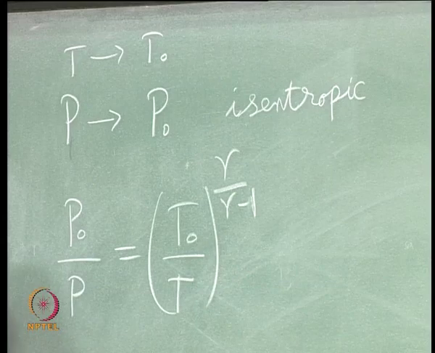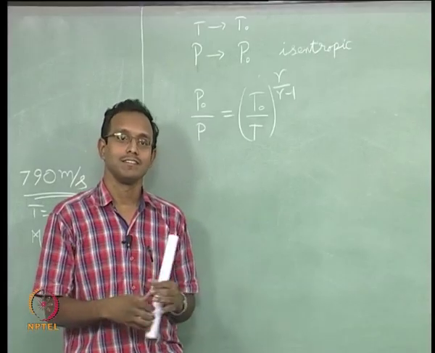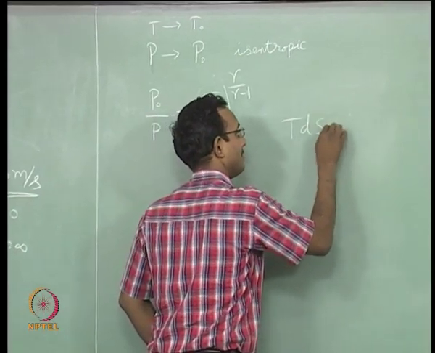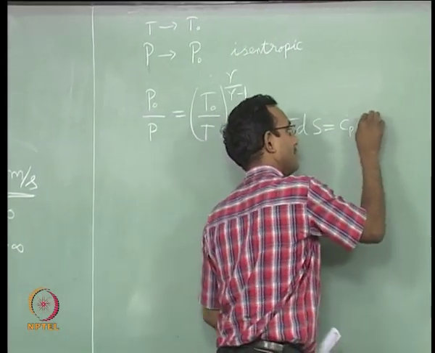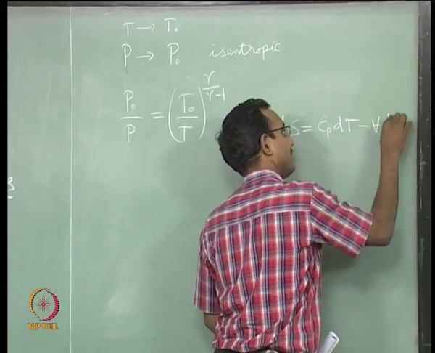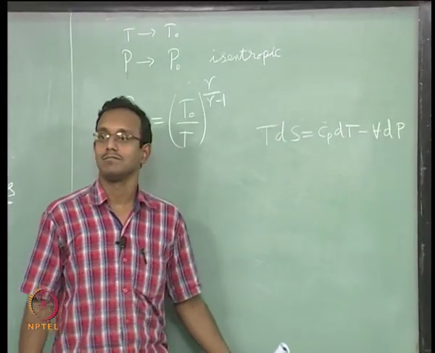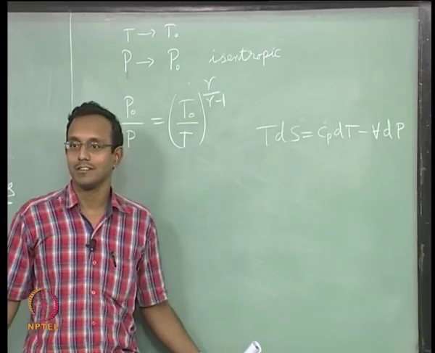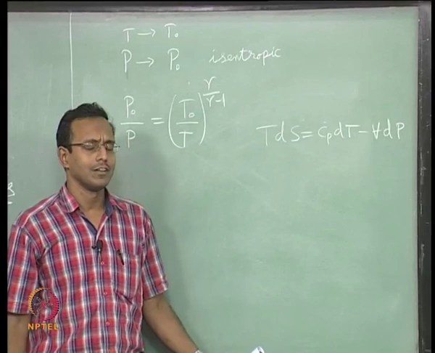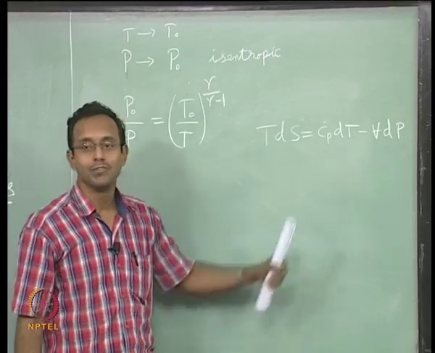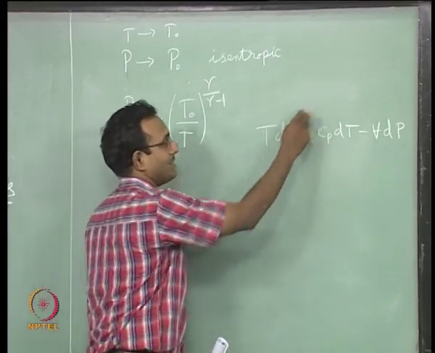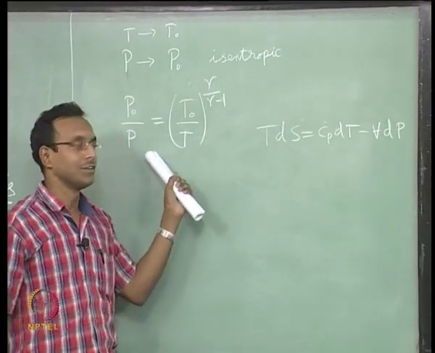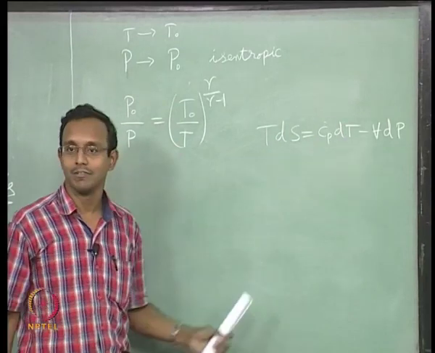Isentropic relation, something much more fundamental. From here, okay. I would rewrite this as RT by P, and then I will get to this form, and I am going to say isentropic this 0, I will rearrange the terms, I will get to this expression. From there I will get to here, that is where you are getting Cp by R, okay.